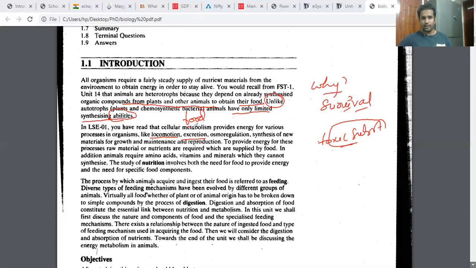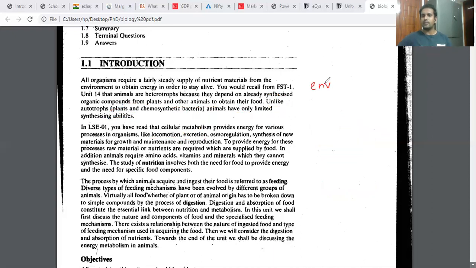Excretion tries to remove these toxic substances from our body. Otherwise, biomagnification takes place. Biomagnification is nothing but the chemical in the organism getting more and more, increasing in percentage, an accumulation of toxic chemicals in our body. Of course, it has a different meaning altogether in the environment subject, but for our understanding, this much is enough.